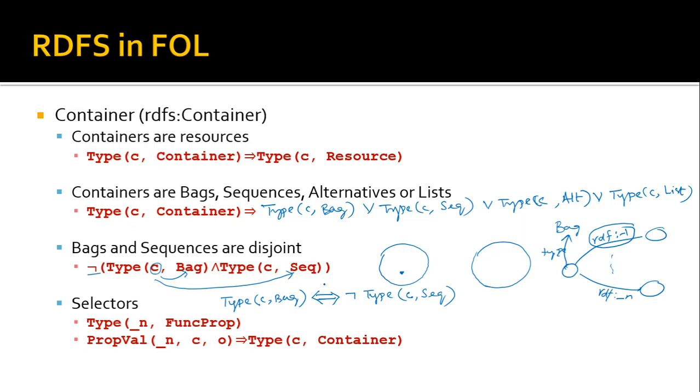That's why you can define these relations, they are our properties, they are functional properties, right? And if you have something like this, this is the predicate and you have got the container which has got the value. So this is your C, this is your _n, and this is your a, right? If this is so, then you can say that C is a type of container, in this case a bag, and you know that the bag is a container, right?